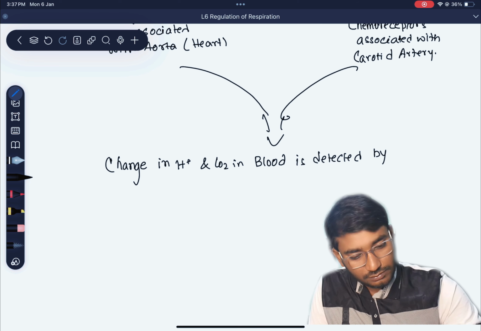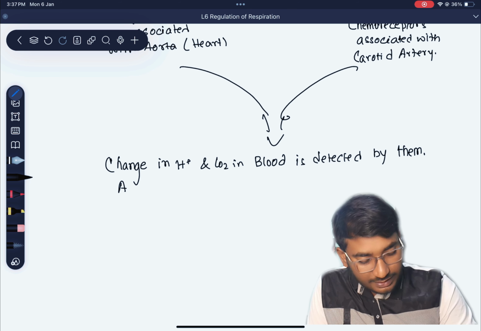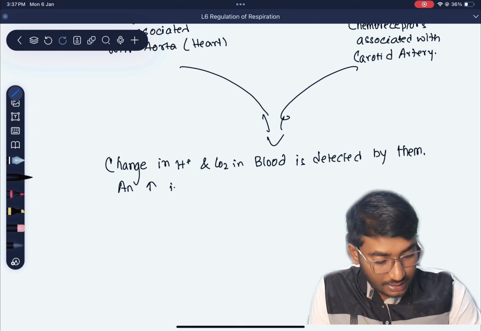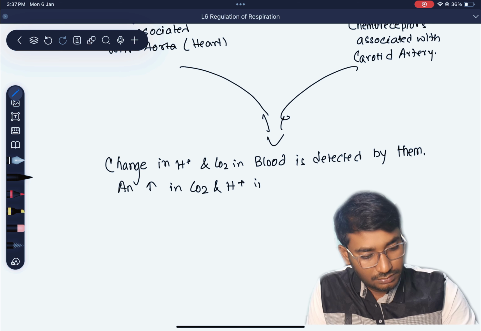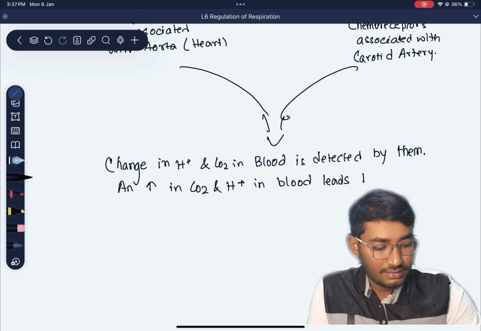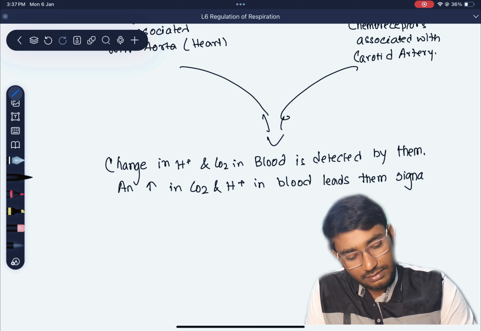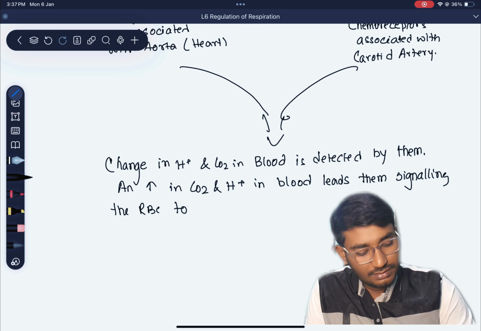Okay, and increase in carbon dioxide and hydrogen ion in blood leads them to signal the RBC to increase the breathing rate.